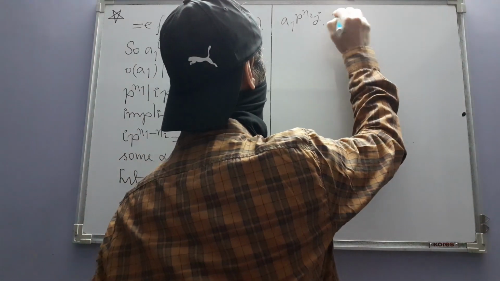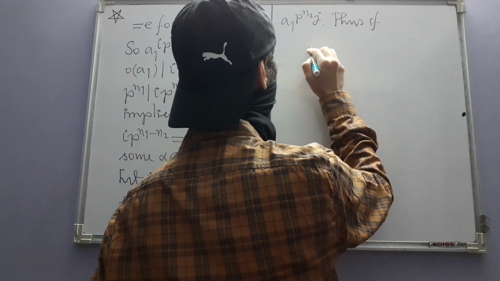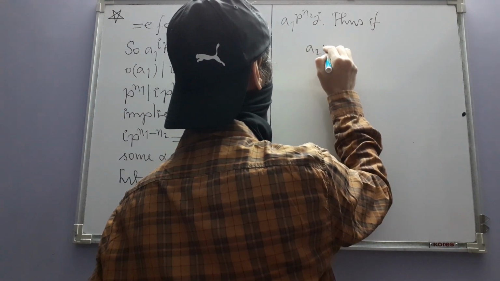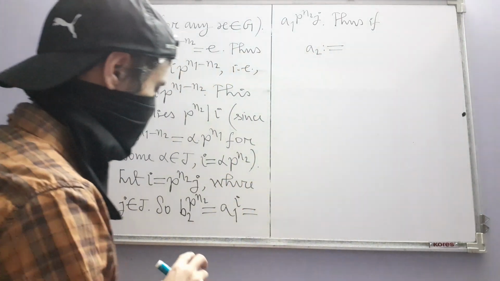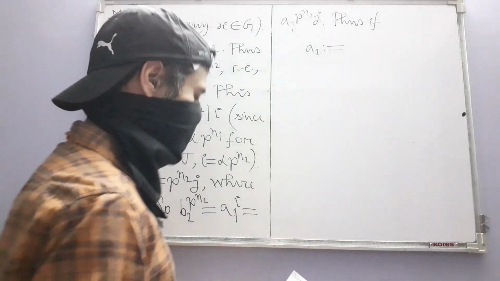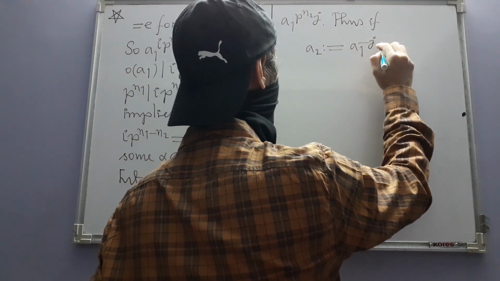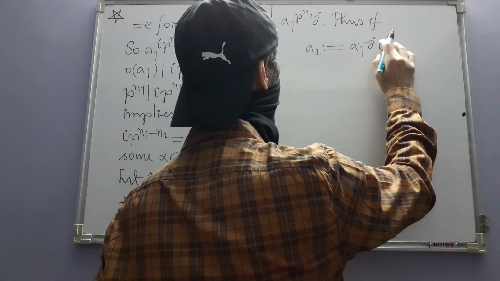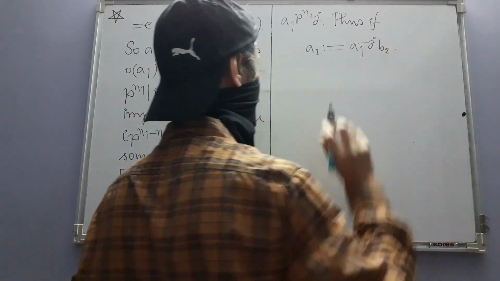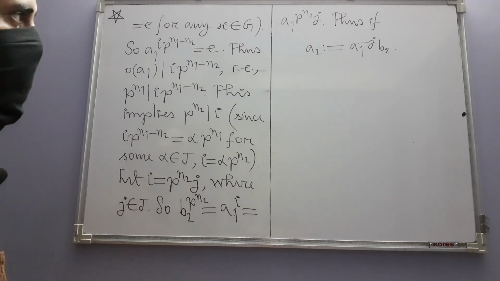Thus, let me write it here, A2 has to be chosen from this equation, and A2 is A1 to the power minus j times B2. This j was needed. That j we did not have previously. Now only we have j through I and p to the power n2.